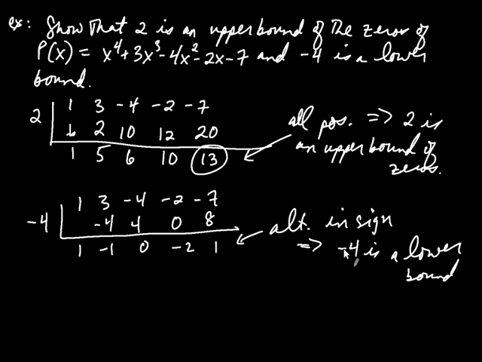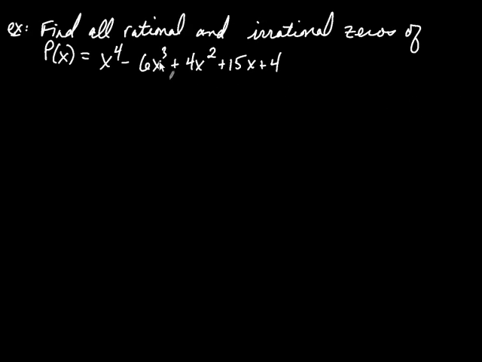Okay, so how does this help us in factoring and finding zeros of a polynomial? Let's go and do some examples of that. So let's find all the rational and irrational zeros of this polynomial. So remember, we have a rational zeros theorem, which says that you take all the divisors of the constant term and divide by all the divisors of the leading coefficient.